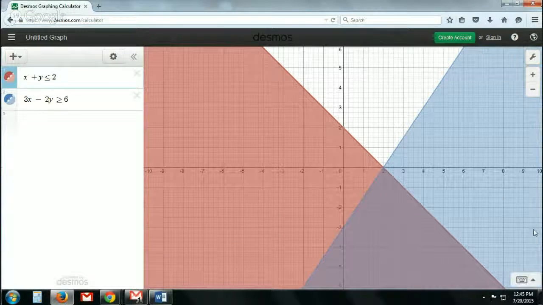The part that is true for both of them is the part here that's kind of purple colored. That was below the first inequality's line and below the second inequality's line, and here is where they're overlapping. So this is the area that we would be shading for this system of inequalities.